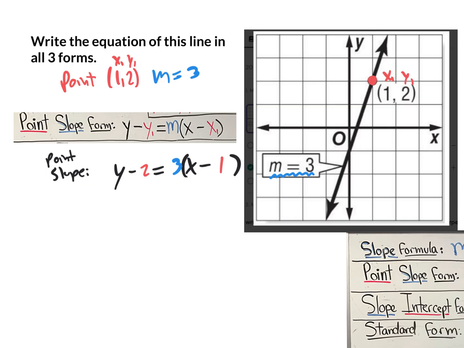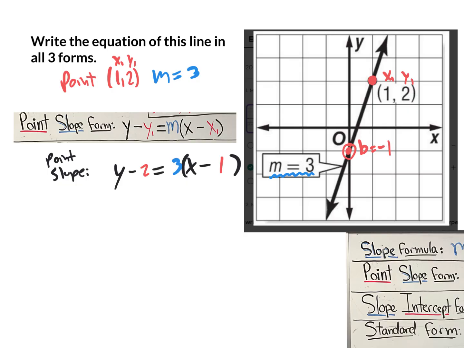What if the test says, here's your line, write it in slope intercept? Well, slope intercept is y equals mx plus b. So you could distribute the 3 and then move the 2 to the other side by adding 2, getting y by itself to get y equals mx plus b. Or you could look back at the graph and say this right here, that b value is -1.